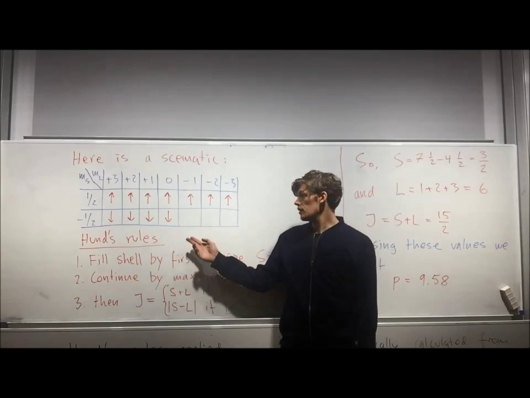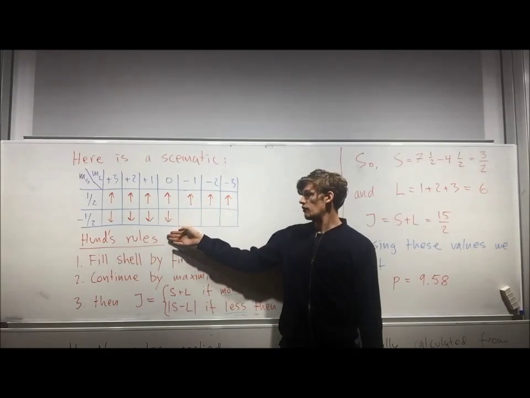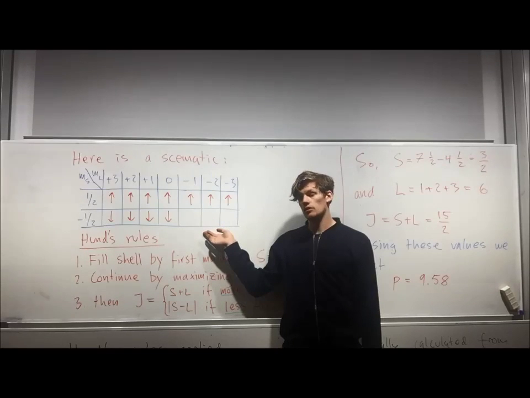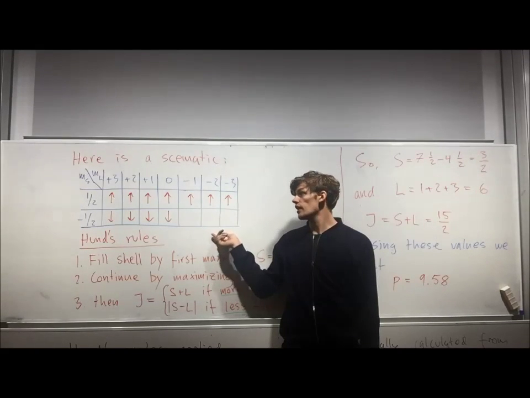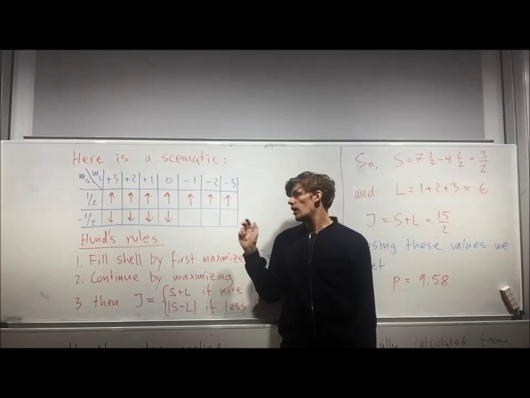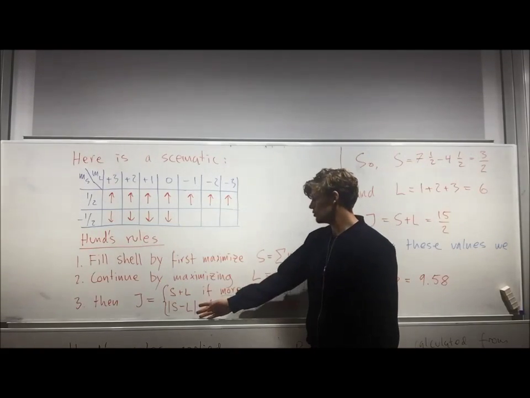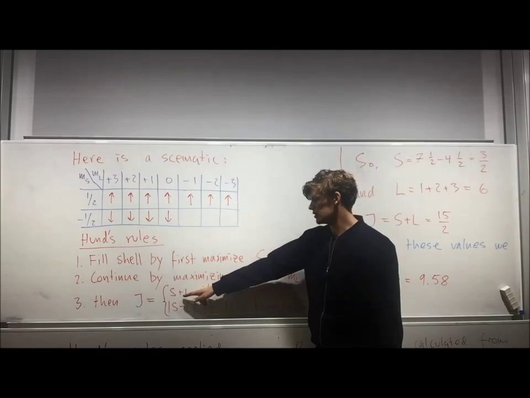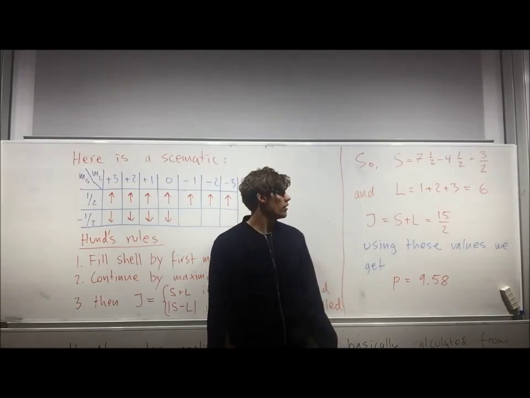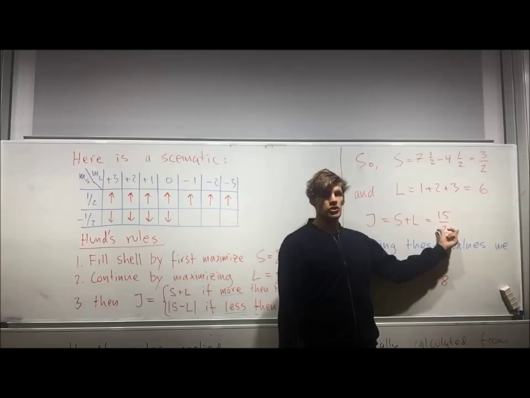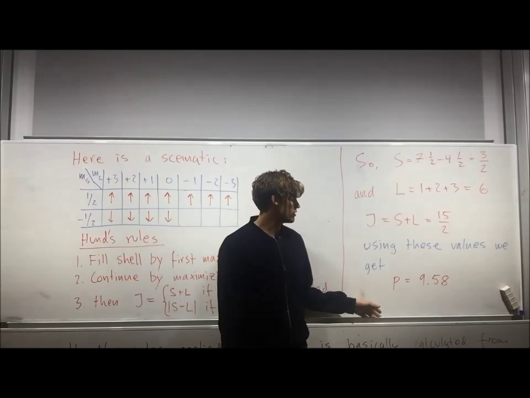As you can see here, 11 out of the 14 possible states in the f shell are filled, so it's more than half filled. Then Hund's rule says that we should sum the two in order to get J, and doing that, we get 15/2, or 15 halves.